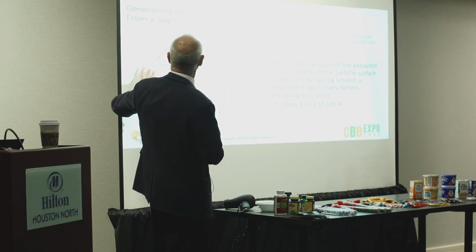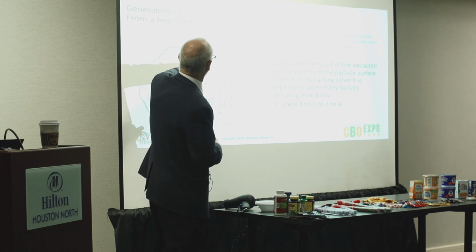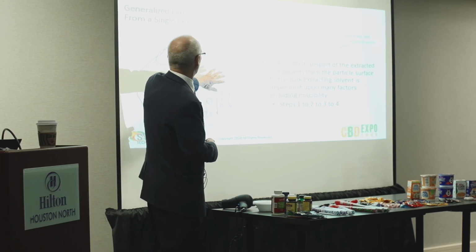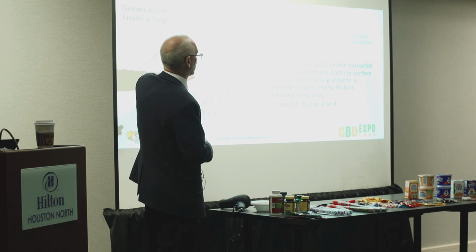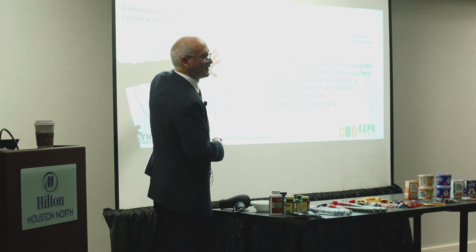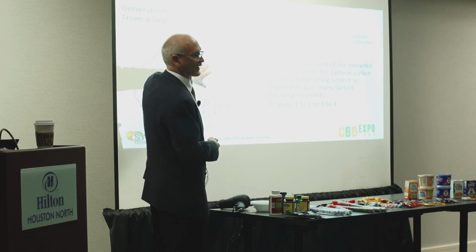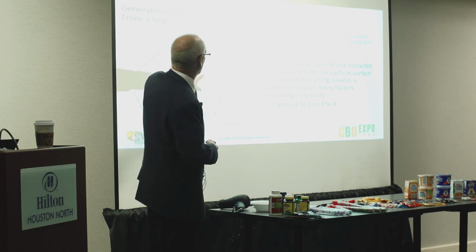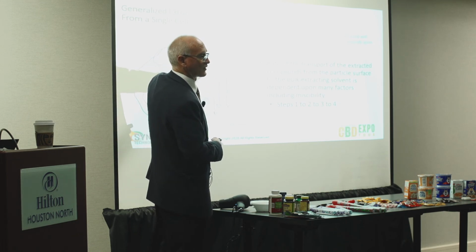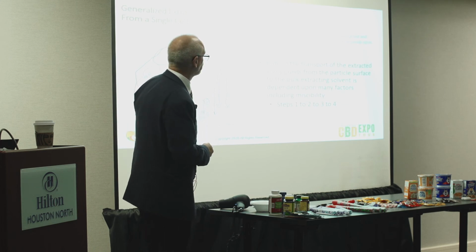So when you're looking at all these different ground samples, they're not round, but that doesn't make it any more complex. But if you have a very large one, it's going to take a long time for that material to get through. That's why you grind it up, so that you get a greater surface area with all those compounds.